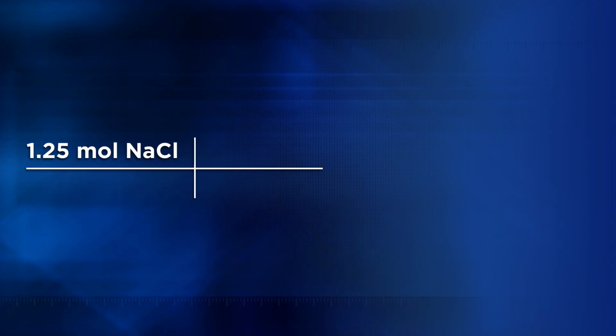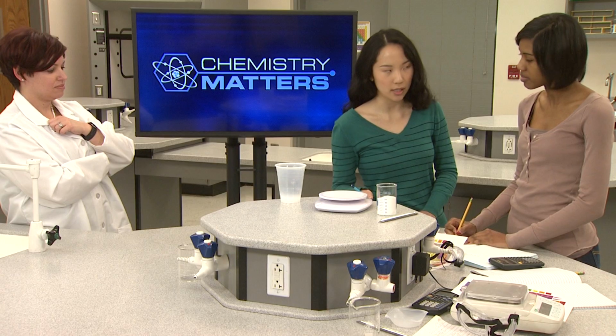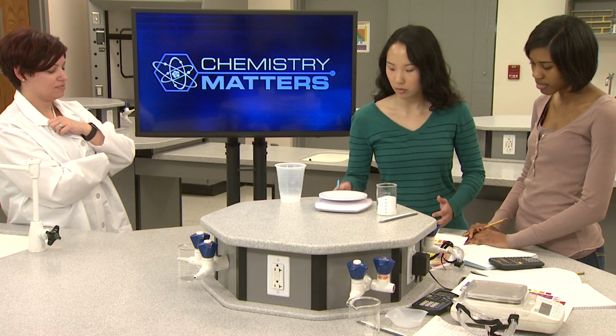Bring that unit of moles of sodium chloride into the denominator. So let's do that now. Then we'll have 1 mole of sodium chloride in the denominator. We'll need the molar mass in the numerator, and we'll know how to calculate the molar mass. Let's check the periodic table to find the mass of sodium and chlorine.